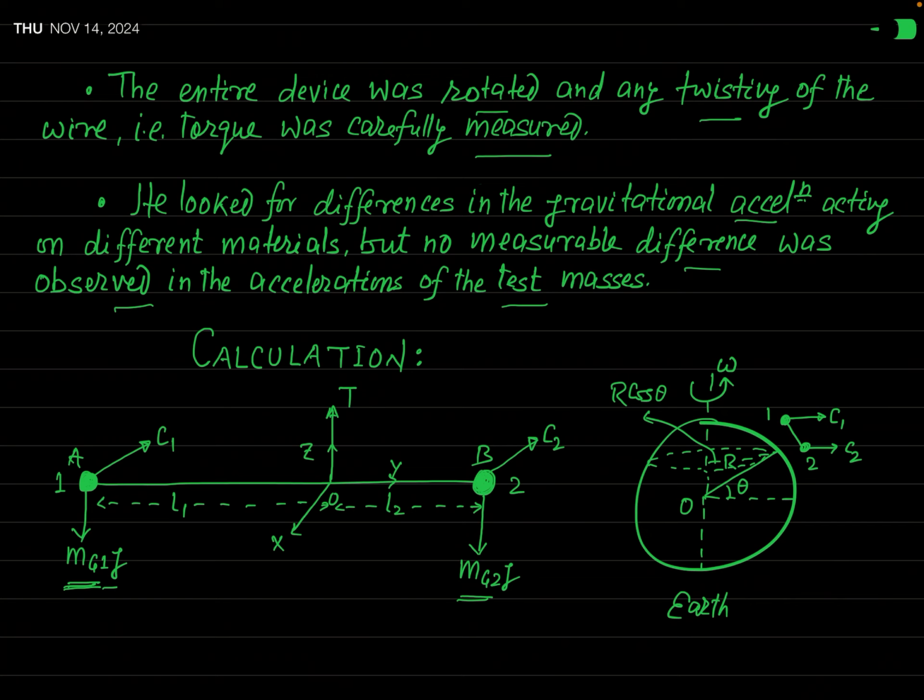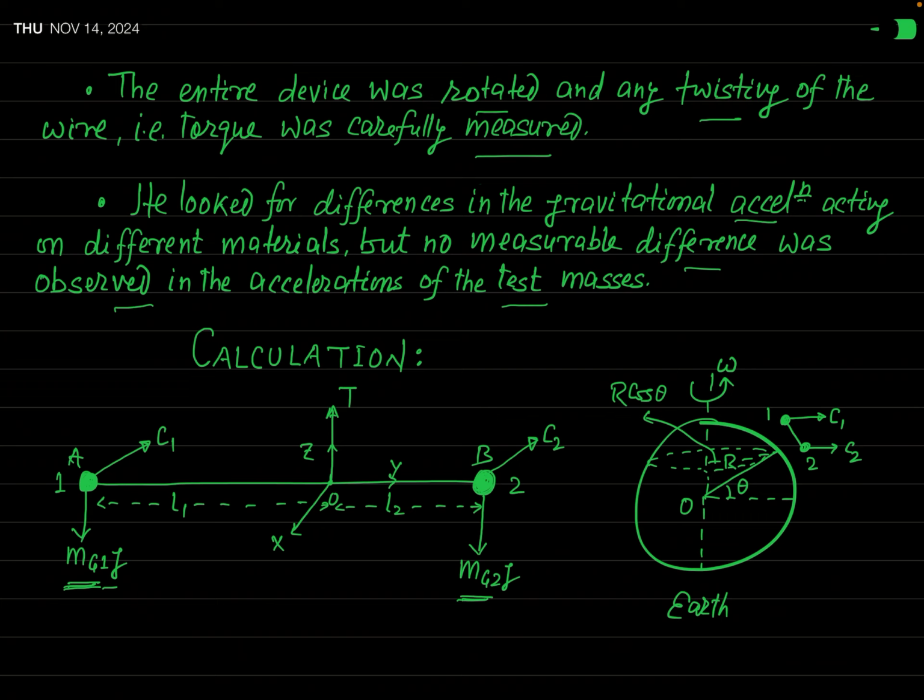So mg1 times small g, which is the acceleration due to gravity or gravitational field of the earth, is the weight of this first object. Similarly, the force of gravity acting on the second object is mg2 times small g.